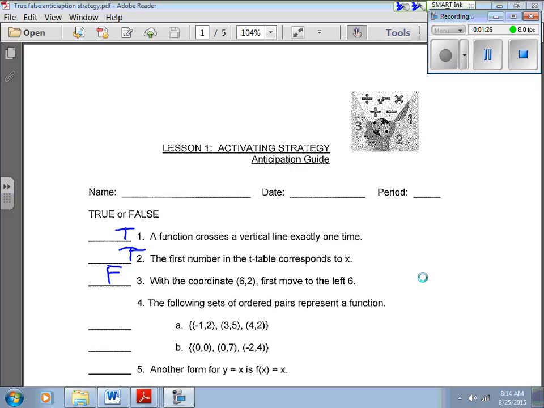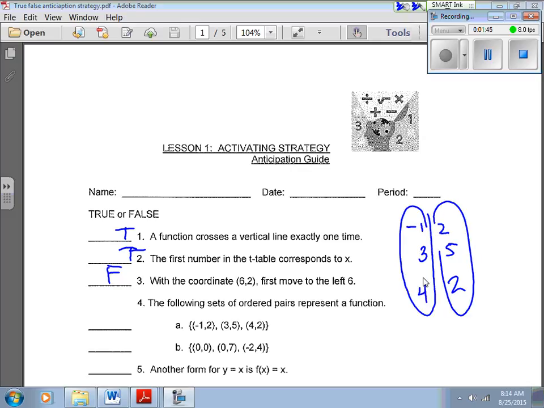Number 4, the following sets of ordered pairs represent a function. Another way to look at these numbers is like this, too. -1, 2, 3, 5, 4, 2.